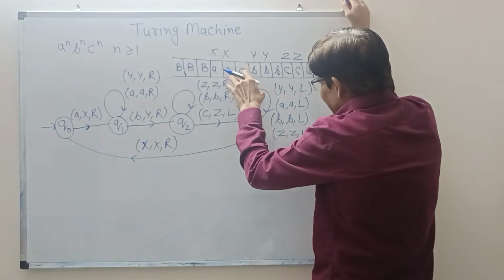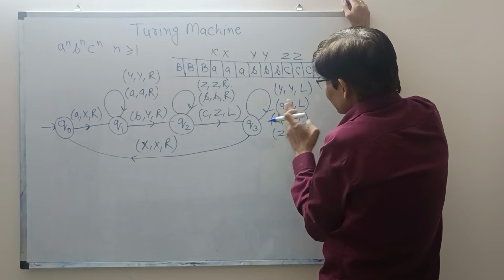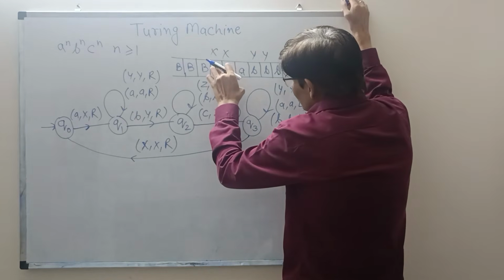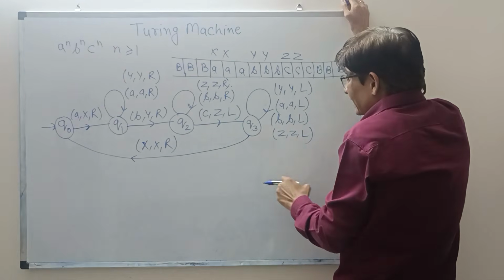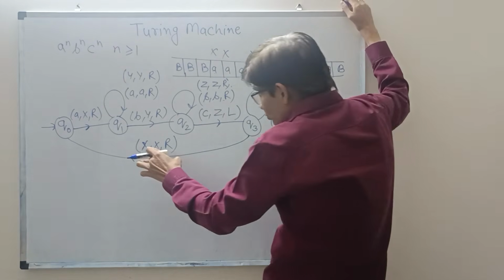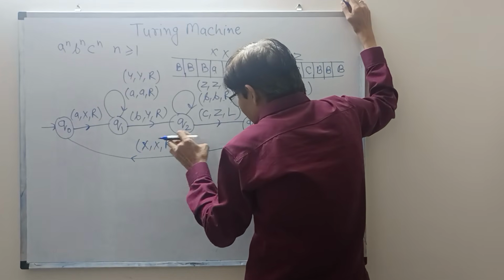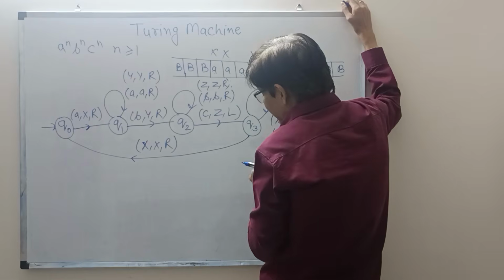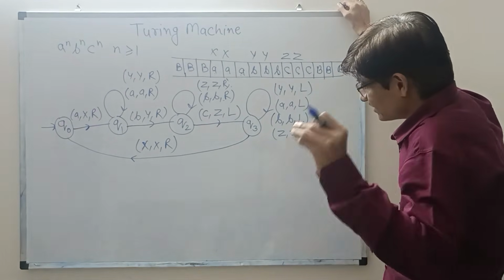You will get A, leave it as it is and continue left. Then when you get X in Q3, you leave this X as it is, but you reverse the direction of your movement and change your state to the initial state.